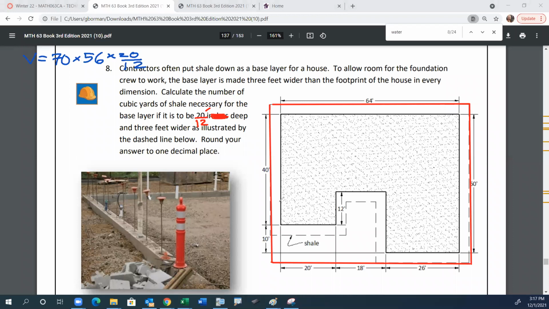Now, but that includes all of this stuff here that we don't want to include. So if we could break that region up into regions that we recognize, that would be helpful. Okay, so there's a couple of ways to do it. It doesn't really matter which one you do.